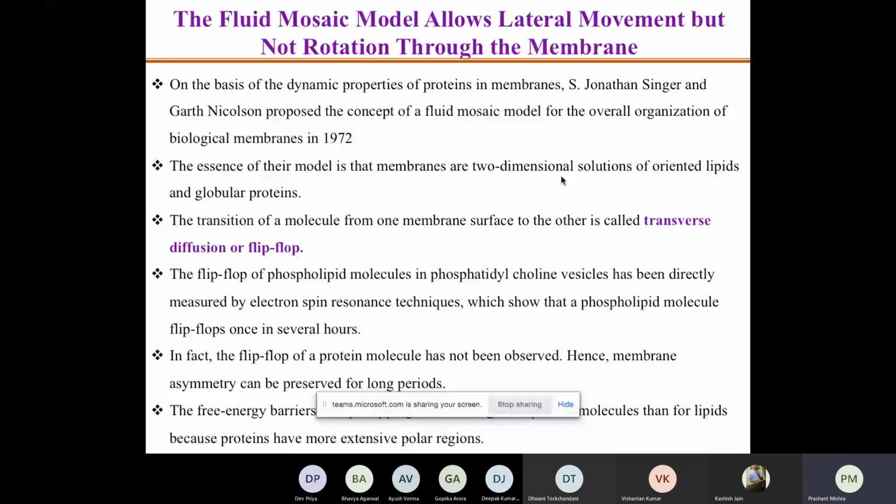I will explain this experiment in greater detail, and you can find the average distance traversed by any lipid or protein molecule in a given time. So with this I'm stopping. I will continue with the FRAP technique and the possible movements of different molecules in the membrane lipid.